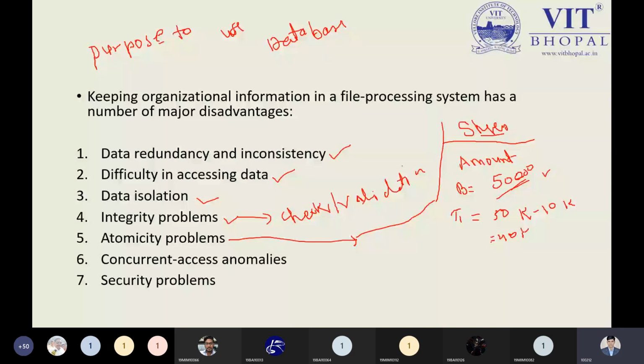This transaction must be completed within a few seconds, and the bank must have an acknowledgement that the transaction has been completed successfully. Then you get the 10K. But what happened at that time?